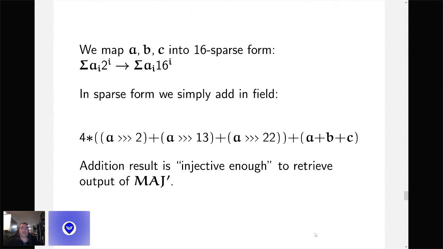To give some motivation for what I'm going to show, let's go through a more straightforward use of tables. The more straightforward thing would be to slice up A, into, say, parts of 10, 11, and 11 bits.